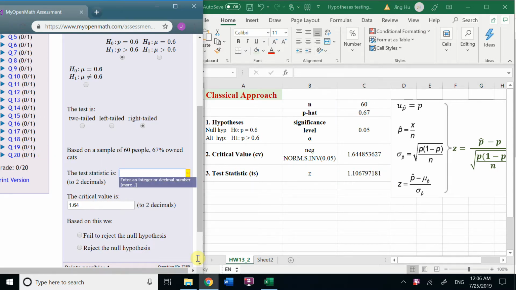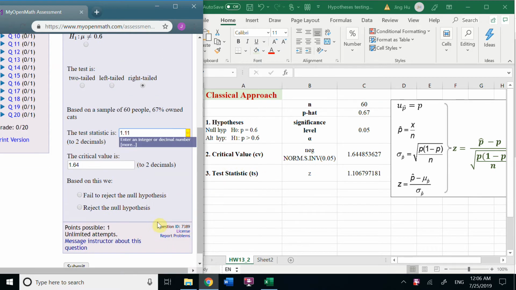So now let's input this. We get 1.11. And because this test statistic is less than the critical value, this Z is not in the critical region. So we fail to reject the null hypothesis.